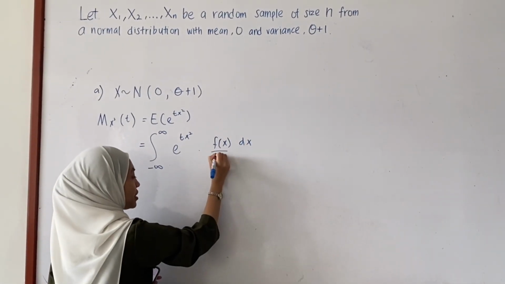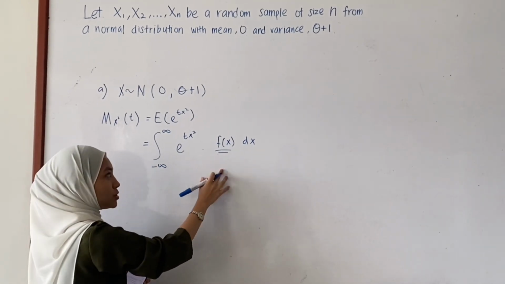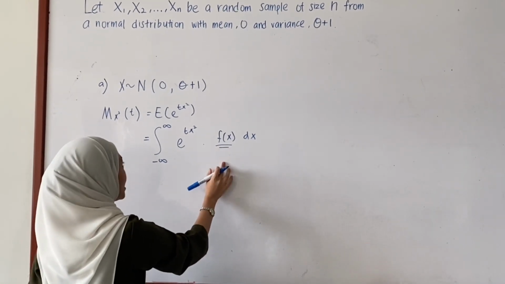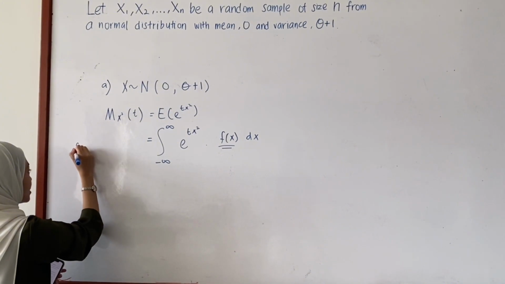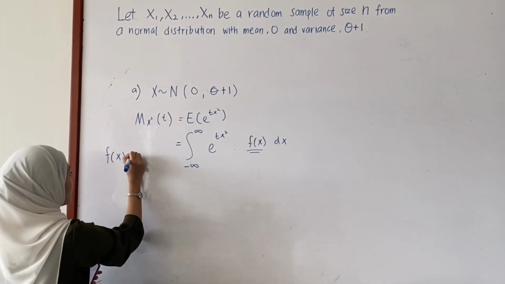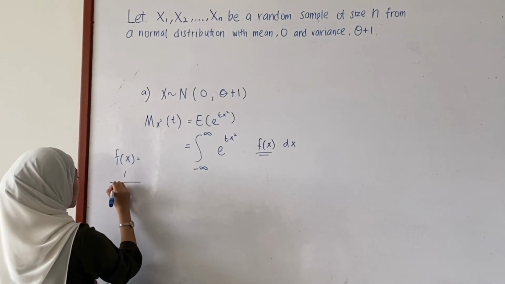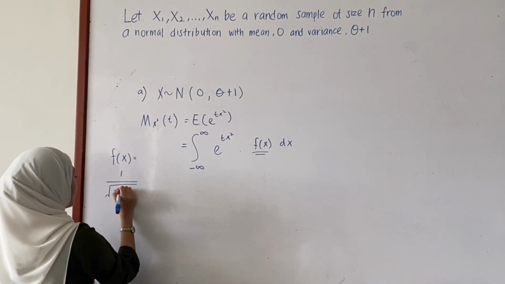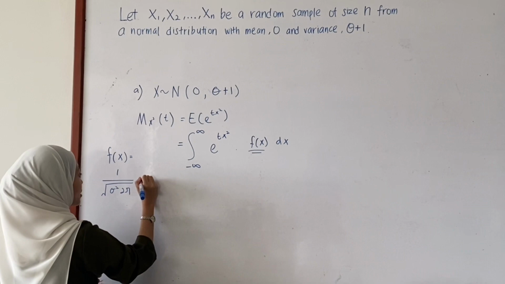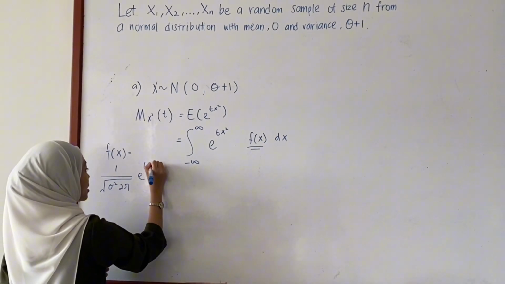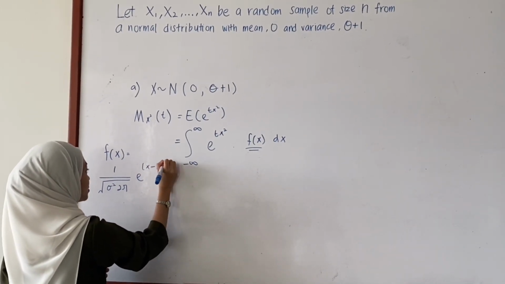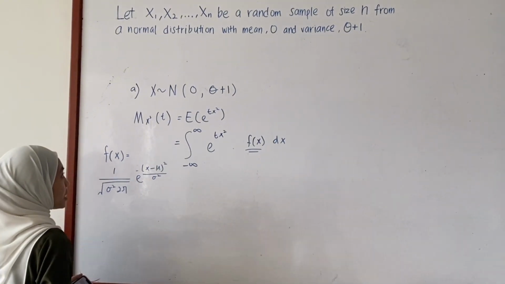From the PDF here, we need to use the PDF of the normal distribution, which is f(x) equals 1 over the square root of variance times 2 pi, e to the power of x minus mu over variance.